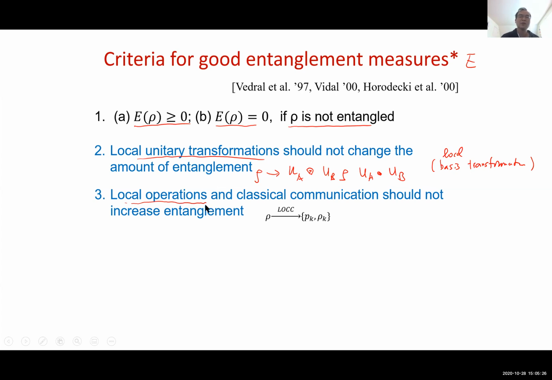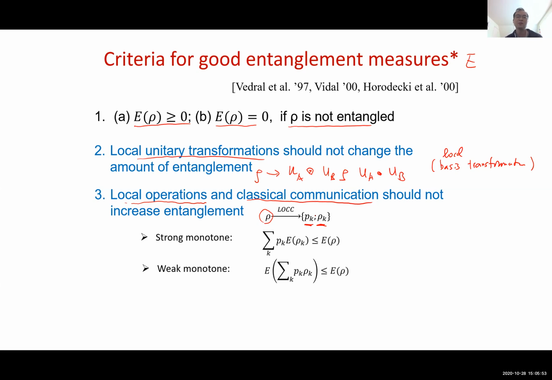Okay, so if you have local operation and classical communication, under that you may produce a state rho k, but it may appear with some probability pk. So in this process, the entanglement should not increase, right? And there are at least two ways to write that as a constraint.